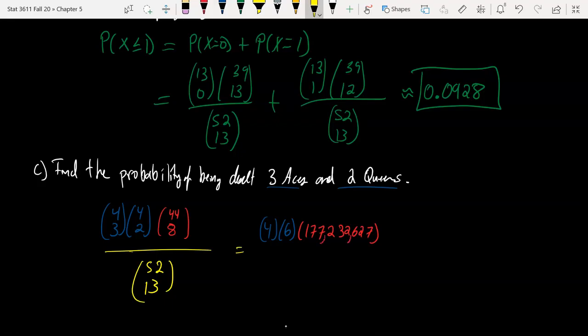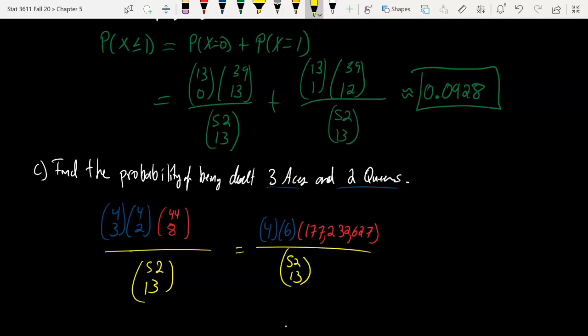All that divided by 52 choose 13, which should be a familiar number if you've done a lot of these card questions. That is a lot of cards, actually. That is getting to be times 10 to the 11th in my calculator. So I need to do this all in my calculator here. So I'm going to do 4 times 6 times 177,232,627 equals.